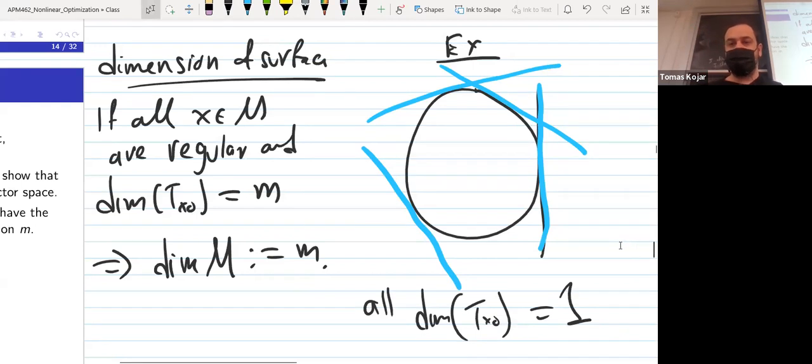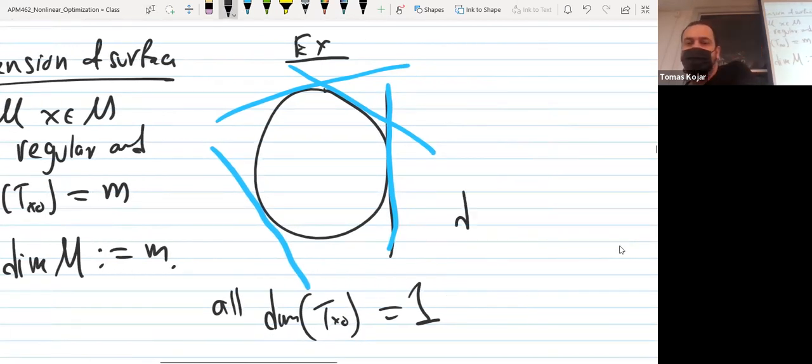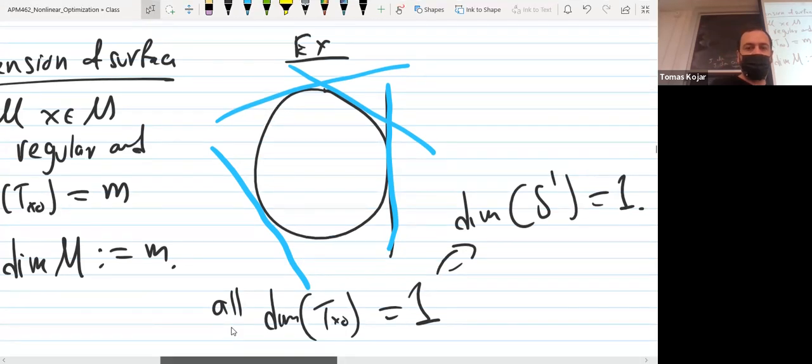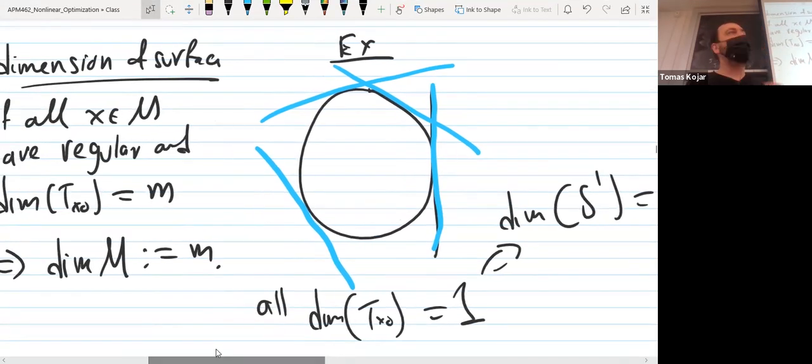So you say that the dimension of the unit circle is 1. Does that make sense? In case somebody asks you what the dimension is, that's what dimension is of a surface.